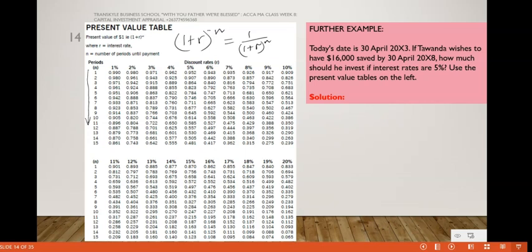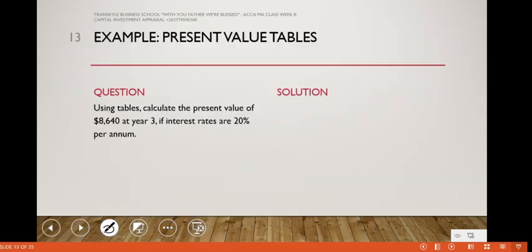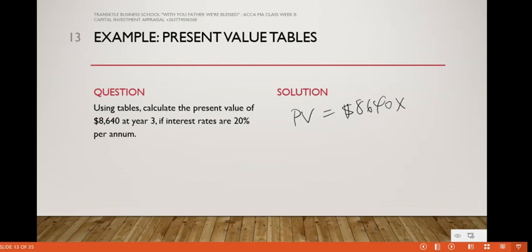So our PV is equal to 8,640 multiplied by the PV factor, which is 1 over (1 plus r) to the power n. In this case, we can find this PV factor from the tables. Remember, our r is 20% and our n is 3.